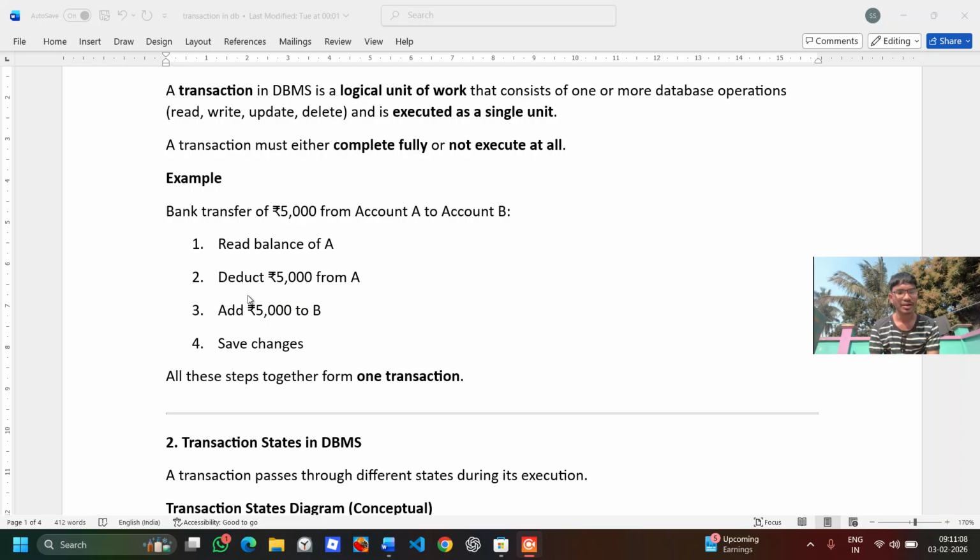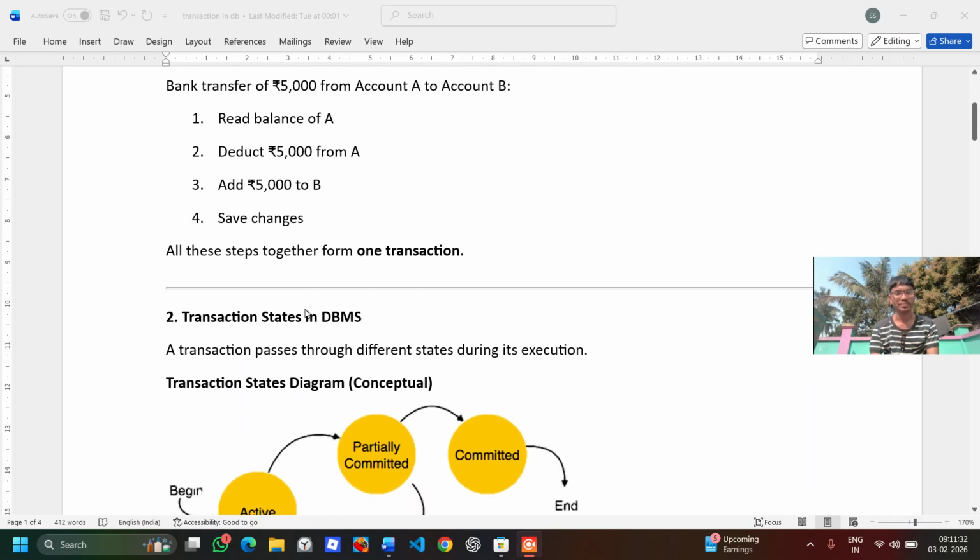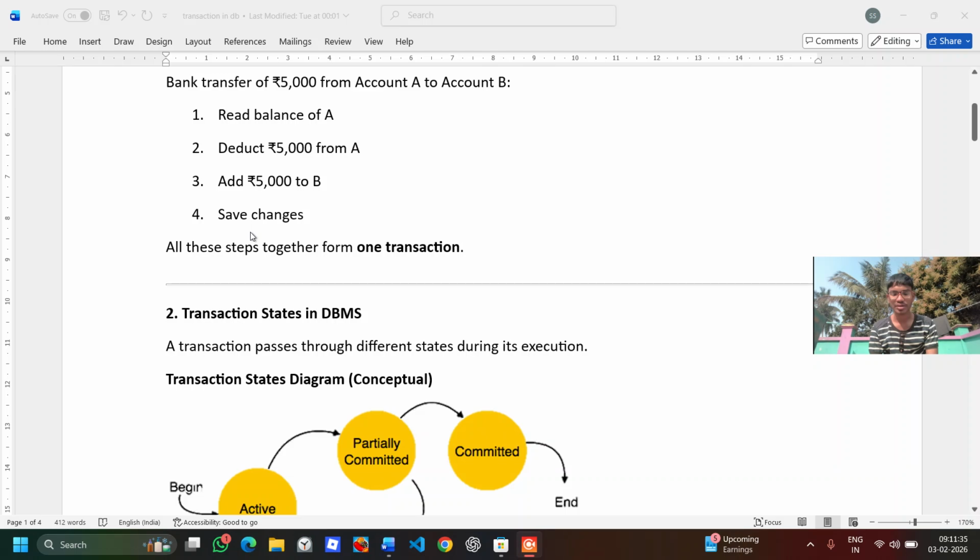So, read the balance of A, then deduct, meaning transfer the 5,000 from account A to account B. Then the balance of A is deducted and the balance of account B is added, so 5,000 is added to account B. Next is to save the changes. Whatever change is made, you have to save. All these steps together form one transaction.